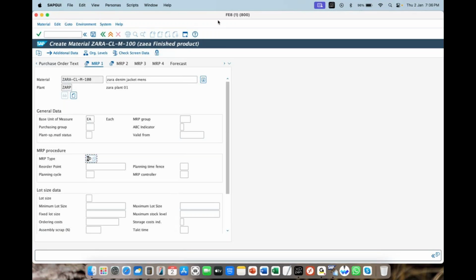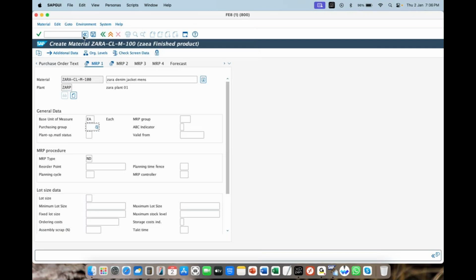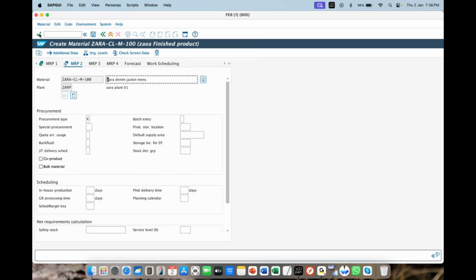And in some servers, the system may ask for purchasing group. If it is asking only, give 000. Otherwise, don't touch it. Continue. And here you can see plant delivery time, give some time. If purchasing group is asked, it will also ask this field.